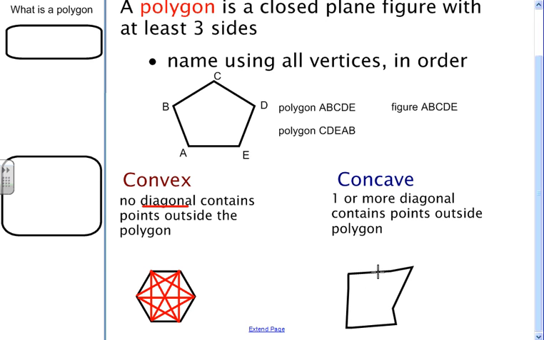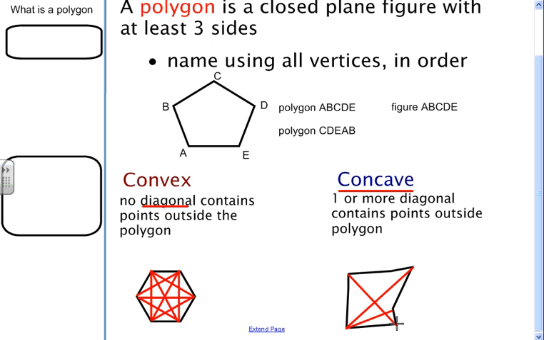Now, the alternative to that is concave. So a concave polygon has 1 or maybe more diagonals that contain points that are outside of the polygon, or in the exterior. Now, if I start from this vertex here and I draw in all the diagonals, like I draw one here, here, those 2 diagonals are both inside. But let's say I start from this vertex down in the lower right-hand corner. If I draw a diagonal here, okay, that's inside.